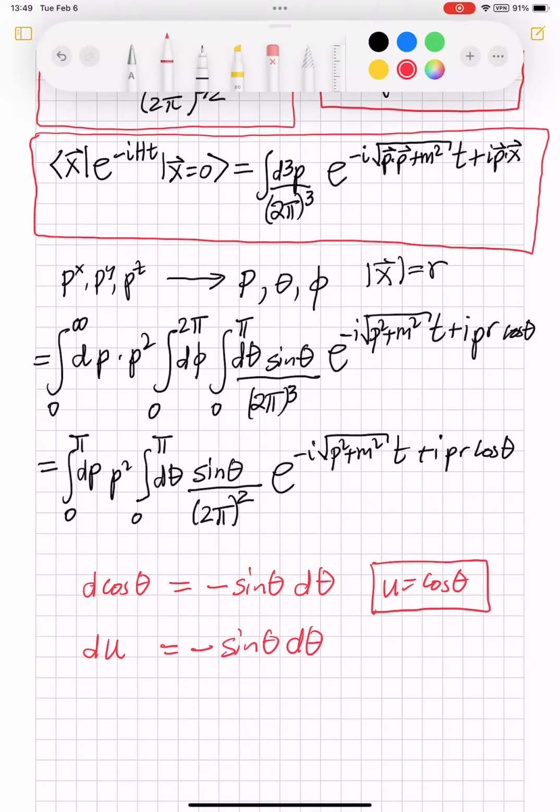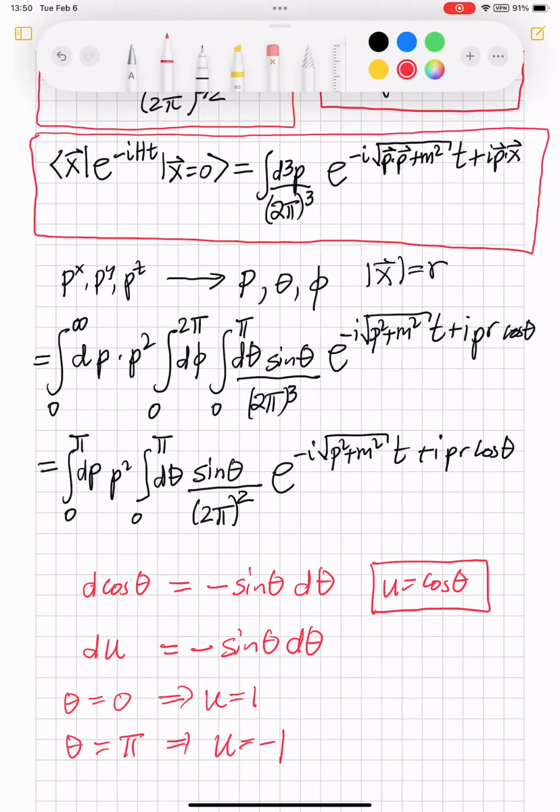Now, of course, when theta is equal to 0, that corresponds to u equal to 1. And when theta is equal to pi, that corresponds to u equal to minus 1. So the integral from 0 to pi is an integral from 1 to minus 1.